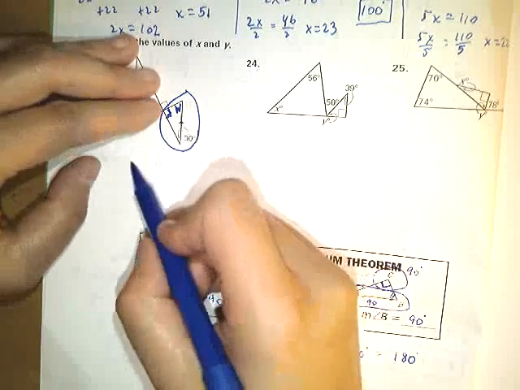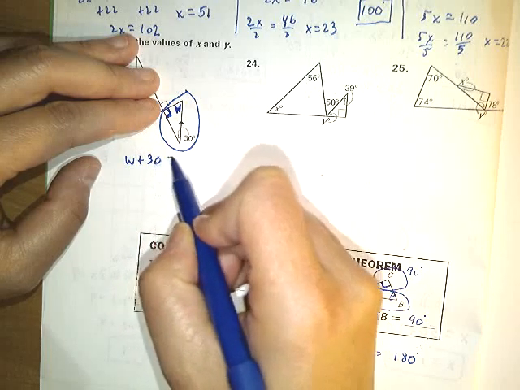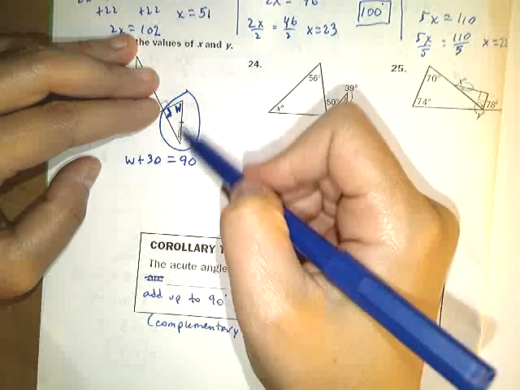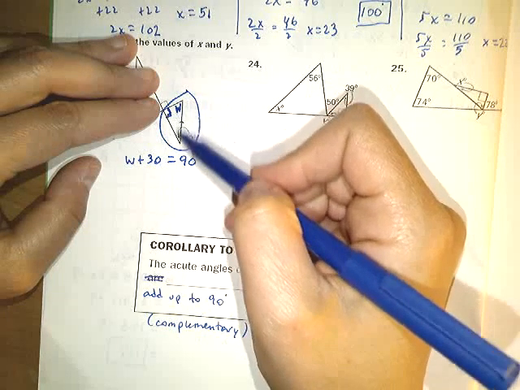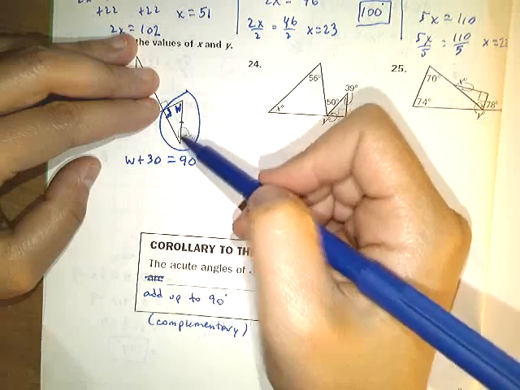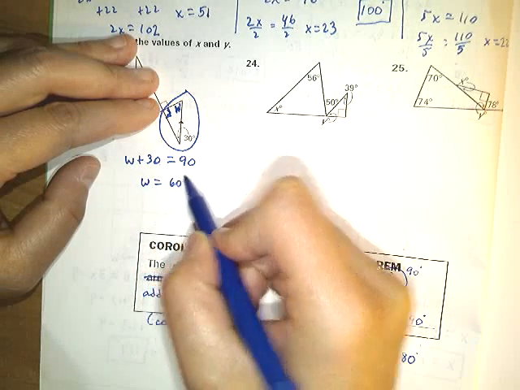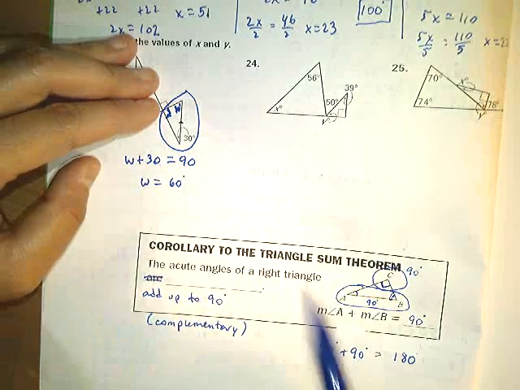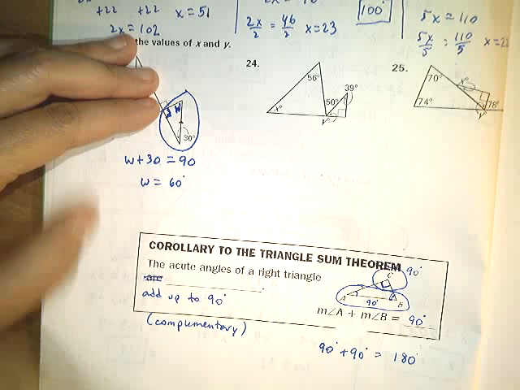If I wanted to find corner W, I could say that W plus 30 would have to equal 90. These two interior angles, if it's a right triangle, the other two smaller angles called acute angles have to add up to 90. So W would be 60 degrees. That's how I might apply the corollary at the bottom of the page.